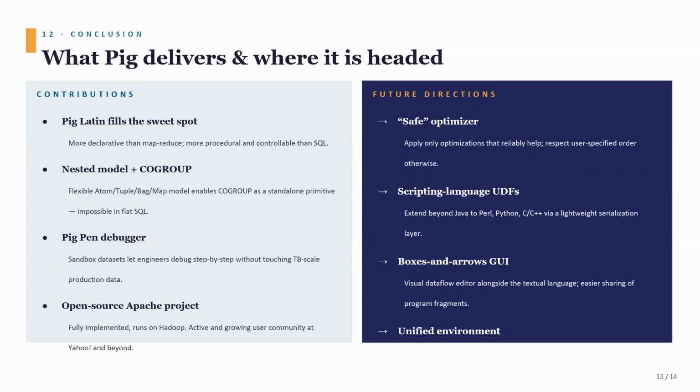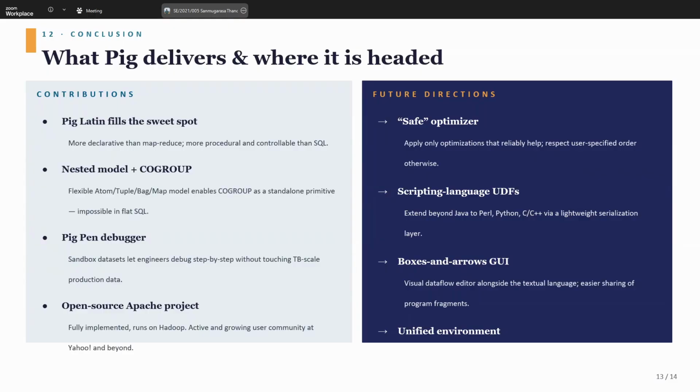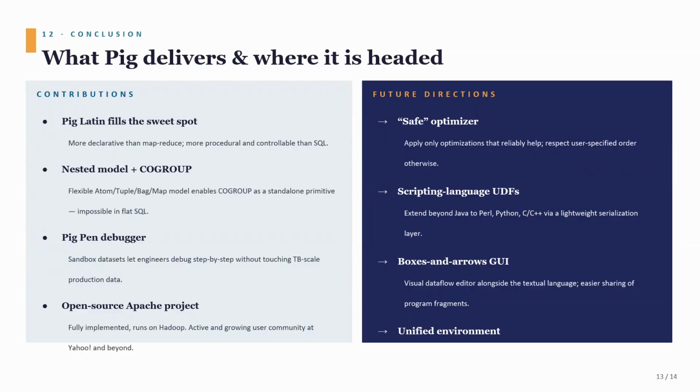Then a nested model plus co-group in Pig Latin has more features, as in CoGroup. Another one is Pig Pen: a sandbox dataset lets the engine debug step by step without touching big scale production data.